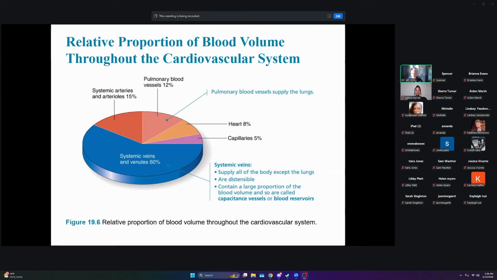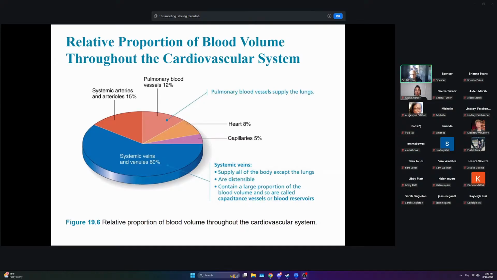Then our arteries and arterioles out in the system hold roughly 15% of blood volume. So the disproportionate amount, the vast majority of blood at any given time, is out in our veins and venules.